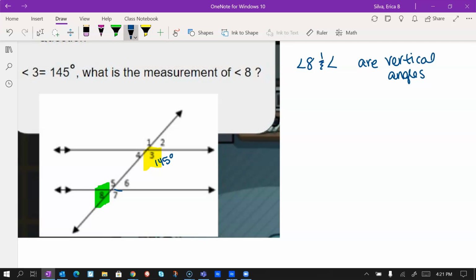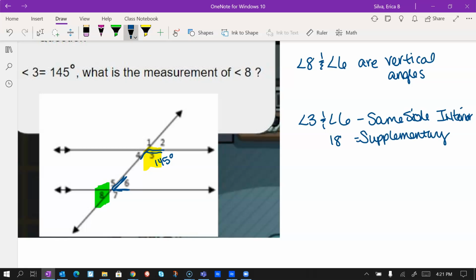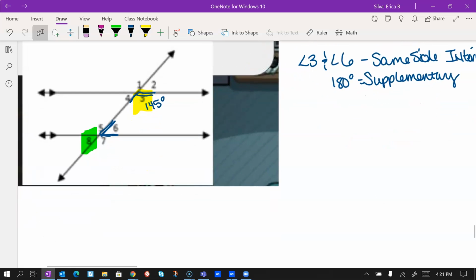Now, if I look at the relationship between angle 3 and angle 6, they're on the same side of the transversal, and they're both on the interior. So remember, if they're on the same side, that means they are supplementary, and that just means that when we add them, we get 180 degrees, or the sum is 180 degrees.